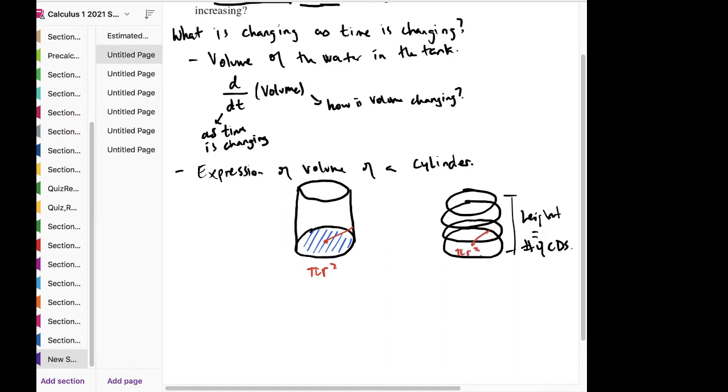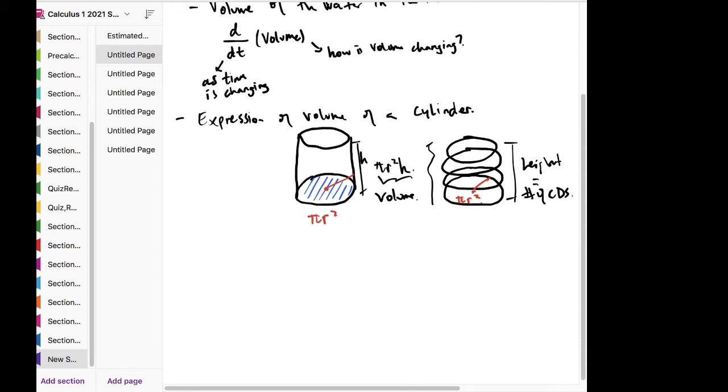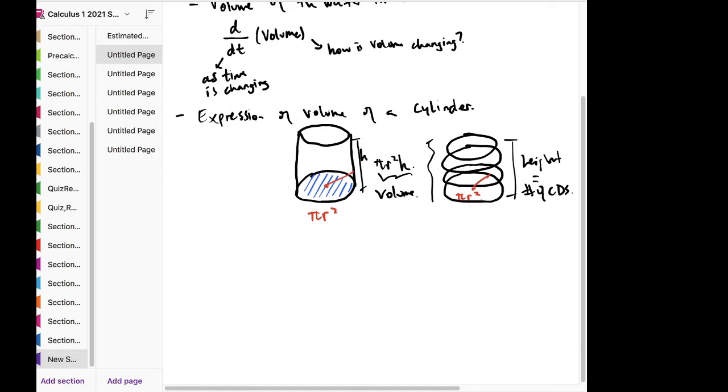So pi r squared times height is the volume. I need a different analogy nowadays because we don't do CDs anymore. But yes, that's how I remember the volume of a cylinder. Okay, so that's what we have. Volume is equal to pi r squared times height.